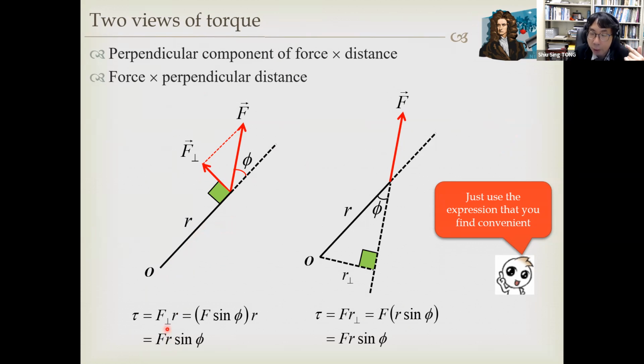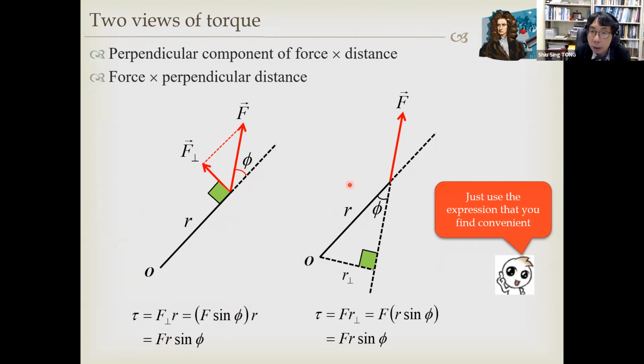So we have F perpendicular multiplied by R. And if you like, you can express it in terms of this angle, the angle phi that the force makes with the radial direction. So in terms of this phi, I can write F perpendicular as F sine phi. Is that right? So the torque expression becomes F R sine phi.